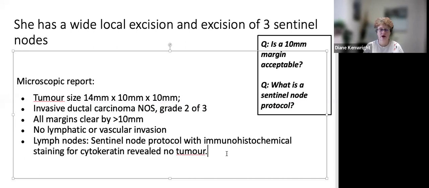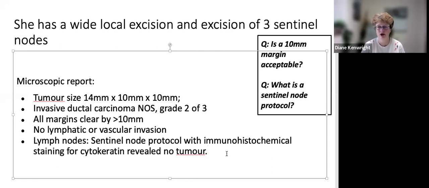Okay, so we know this is a fairly small tumor, T equals 1C, and N equals 0 in the TNM system. Let's look at the questions. Is a 10 millimeter margin acceptable? Yes, it is. So this patient will go on to have radiotherapy, but doesn't need any further tissue excising.